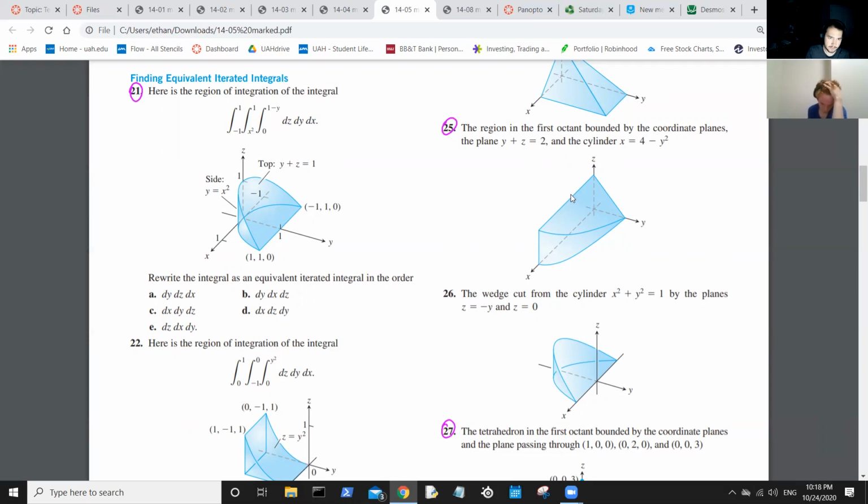Of the functions we're given, only one contains z. If you isolate z, you have 2 minus y. So I think our first bound is from 0 to 2 minus y, right?